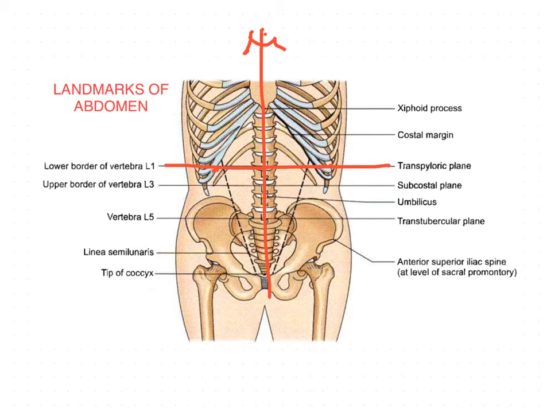It is roughly a hand breadth below the xiphisternal joint. That means the breadth of the hand forms the distance from the xiphisternal joint to this plane.